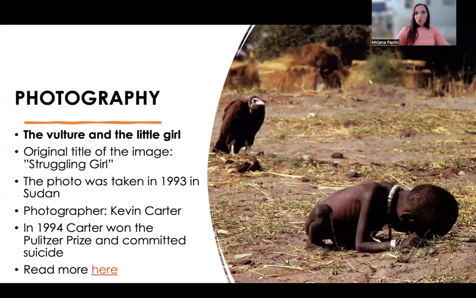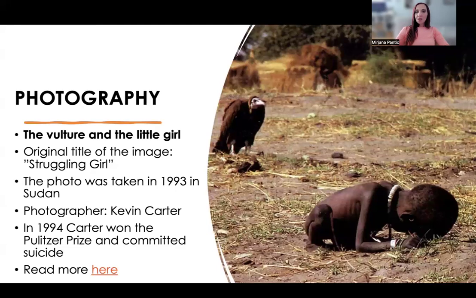I wanted to introduce you to this example of a photograph. I was able to incorporate that one in my lecture. It is the vulture and the little girl. I'm sure that some of you have seen this photograph already. The original title of the image was Struggling Girl.